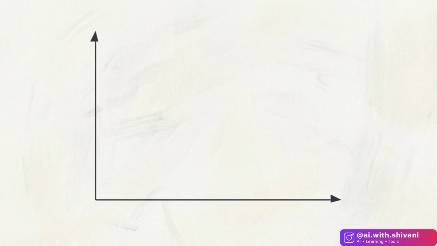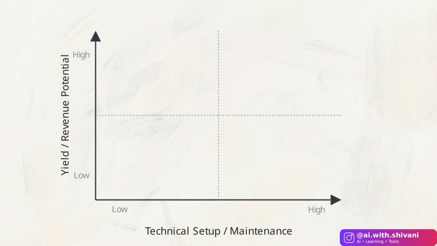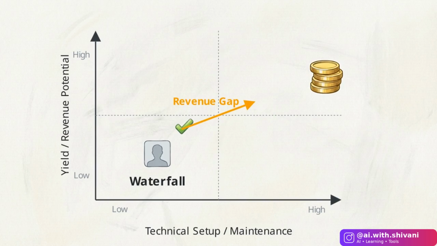This quadrant chart maps your technical reality against your revenue goals, giving you a framework to choose the right auction model. Let's say you're a small publisher with limited traffic and no dedicated ad ops team. Stick to a single SSP setup or entry-level Waterfall. You accept slightly lower yield, but get fast page loads and zero technical headaches. But if your site hits significant traffic milestones, the math changes.